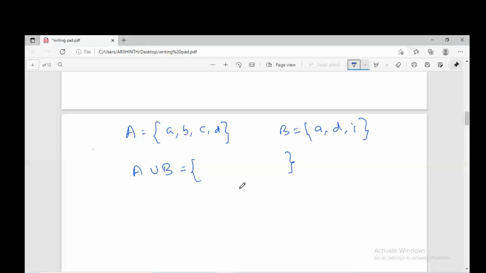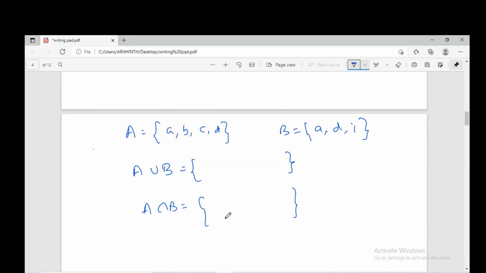So A intersection B means what? Can anybody tell the answer? Intersection means you have to combine both A and B, so what are all the common terms in A and B?